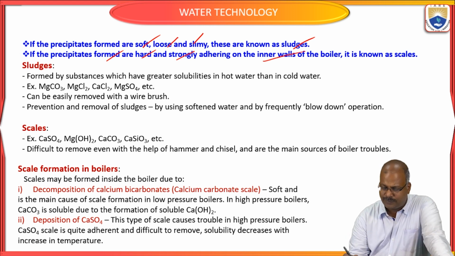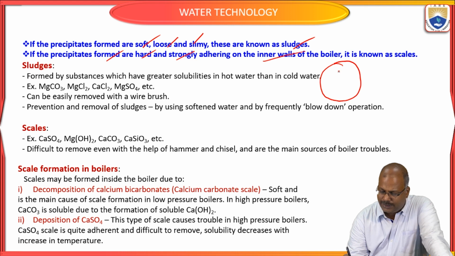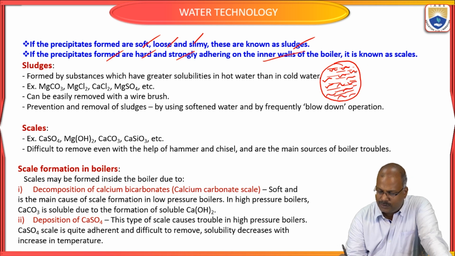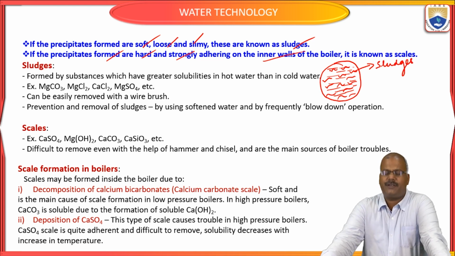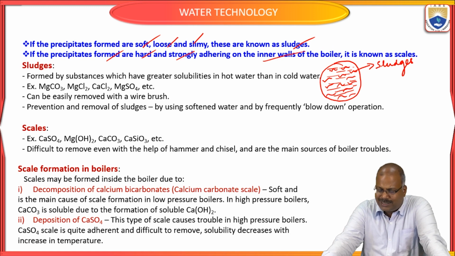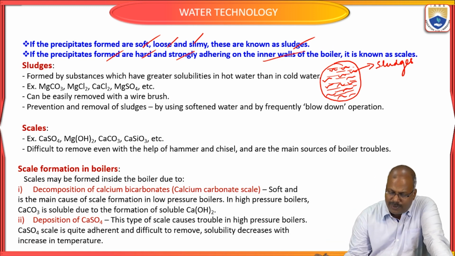For example, if you see the top view of the tank, these are examples of sludges. Sludges are precipitates that are soft, loose and slimy. They can be removed easily.